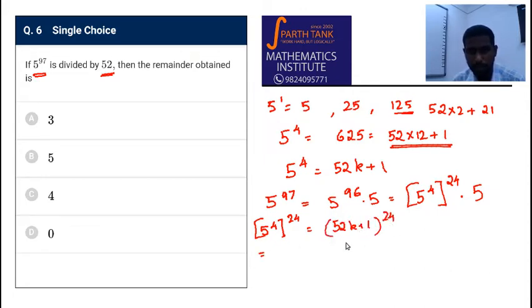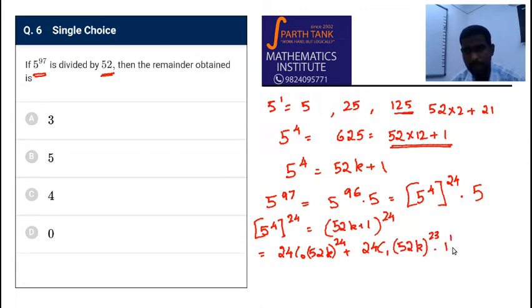And you know from binomial theorem, this expression should be 24c0, 52k power 24, into 1 power 0 basically, and then plus 24c1, 52k power 23 into 1 to the power 1. This is the advantage of having 1 in the binomial expansion, because this 1 doesn't matter at all.